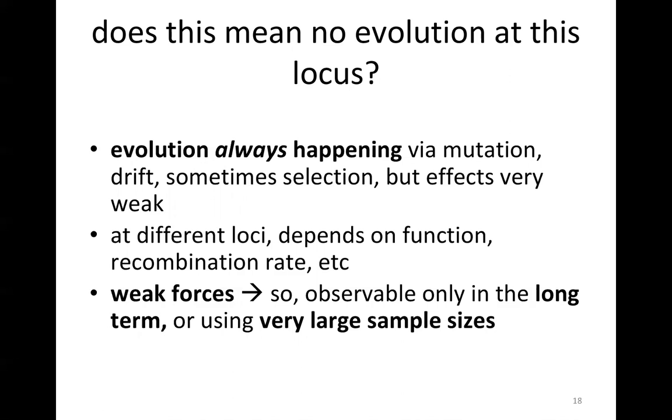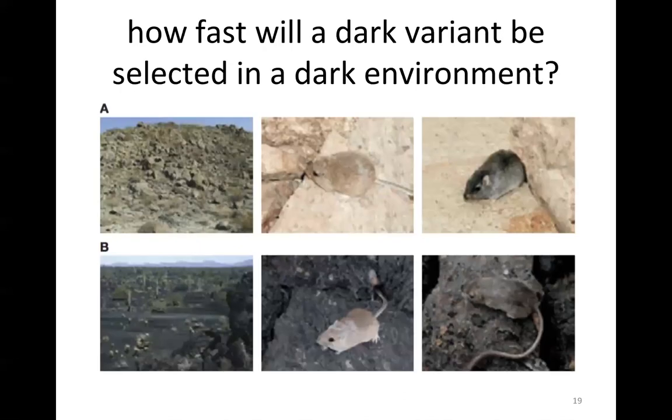So either by studying the population in the long term or using very large sample sizes, we can identify these. Now we go beyond Hardy-Weinberg to more serious models of evolutionary change, and we'll start with the selection model of directional selection.